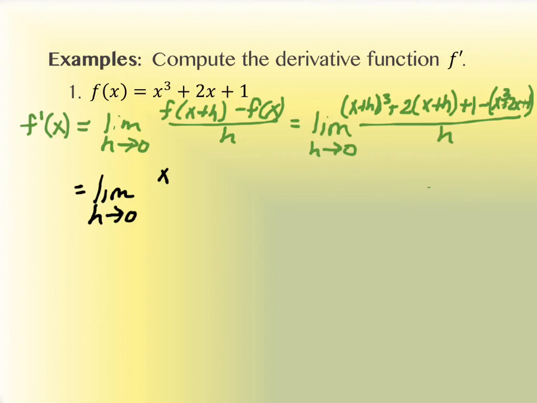But if you do that, you end up finding that it's x cubed plus 3x squared h plus 3xh squared. It doesn't really matter which order, plus the value h cubed at the end. I'm going to distribute that 2 through the x plus h.